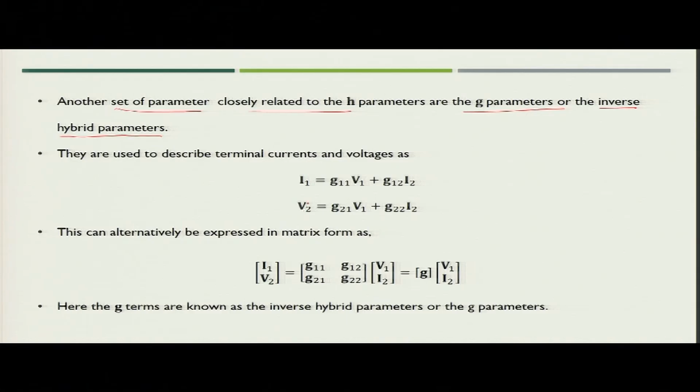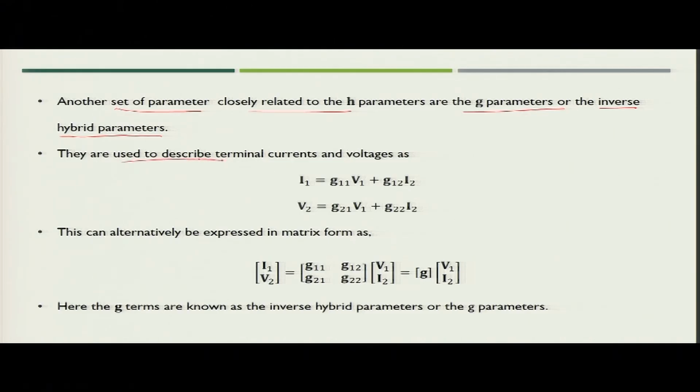Now, when you are defining the G parameters, or you can say the inverse of H parameters, the dependent variables will be I1 and V2, and the independent variables will be V1 and I2.